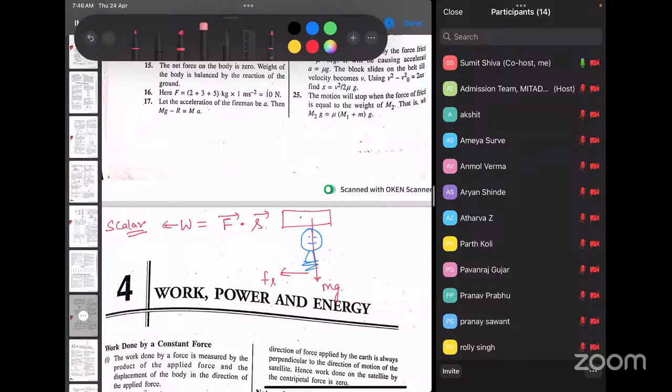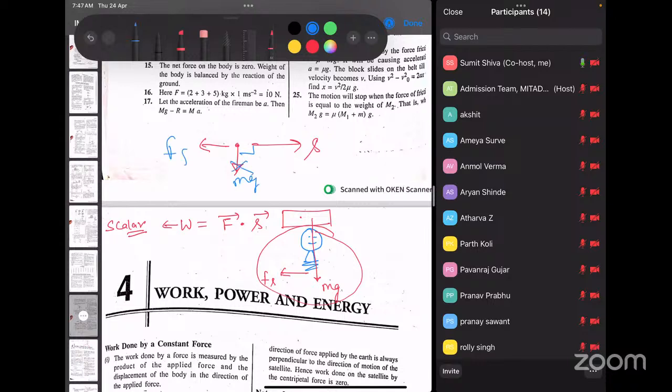If you are looking for the work done by the coolie, then you have to look at the system including the coolie. If you look at the coolie, there are certain forces on the coolie: weight mg of the coolie downward, friction force fs, and displacement s in this direction. So due to this force mg on the coolie, there will be no work done.